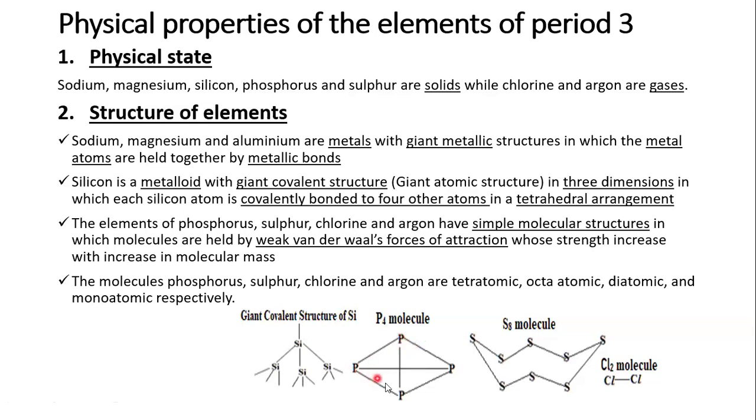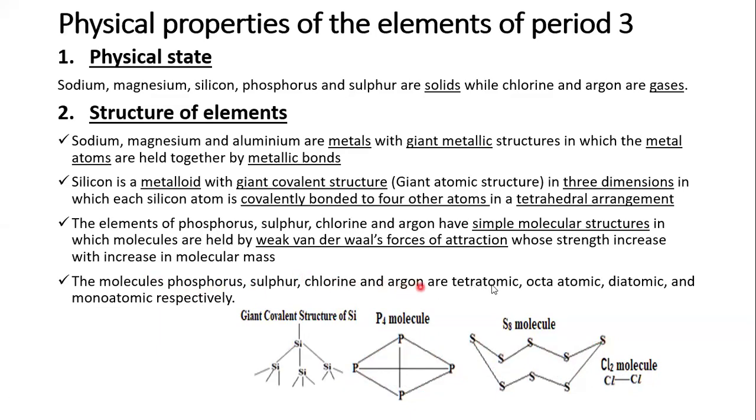There are 4 phosphorus atoms in each phosphorus molecule. This is 1 molecule of phosphorus. This is 1 molecule of sulfur. This is 1 molecule of chlorine. Sulfur, when you look at it, there are 8 atoms in 1 molecule.